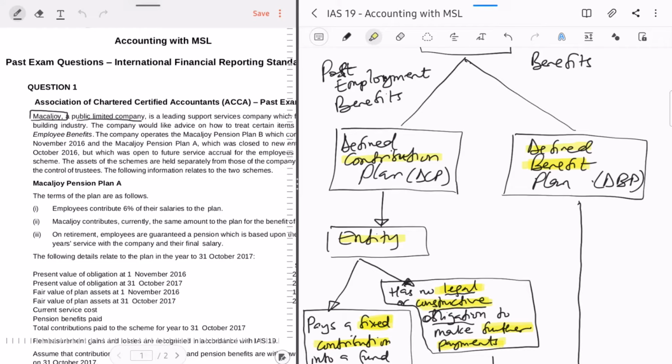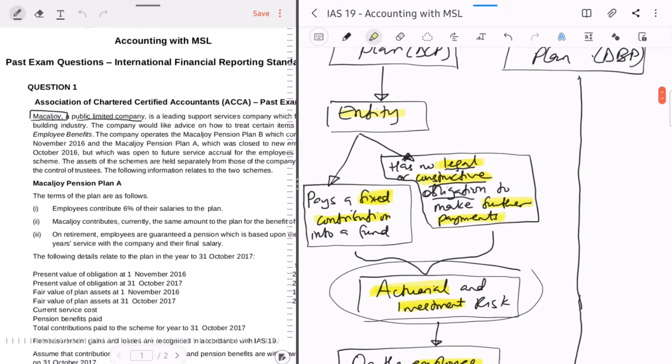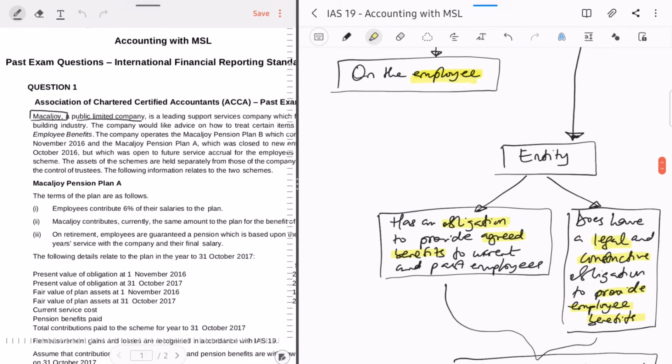One says defined benefit, it means the benefit you get upon retirement is defined. So it means your employer is guaranteeing you that no matter what happens, no matter how bad the fund performs, I will still pay you a pension when you go on retirement. Right? So now that we know the difference between the two, let's apply it to the question.